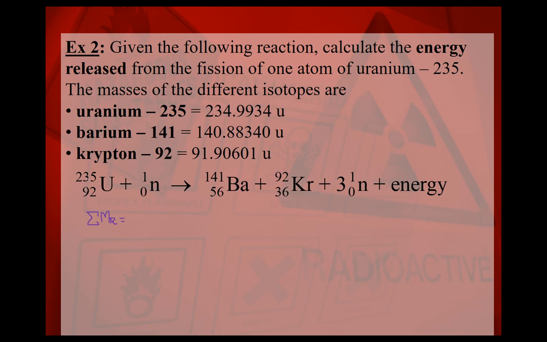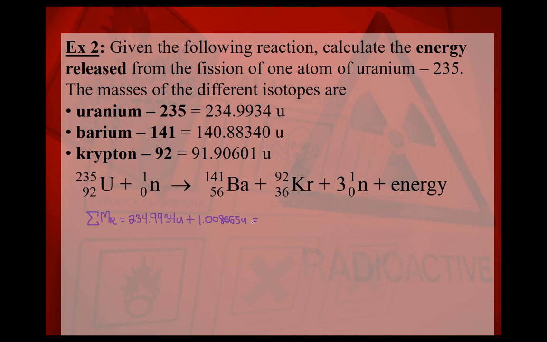That'd be equal to the mass of uranium-235, which it tells me its actual mass is 234.9934 atomic mass units, plus the mass of a neutron. We're going to have to go back to that previous lesson to get the mass of a neutron in atomic mass units, but I believe it is 1.008665 atomic mass units.